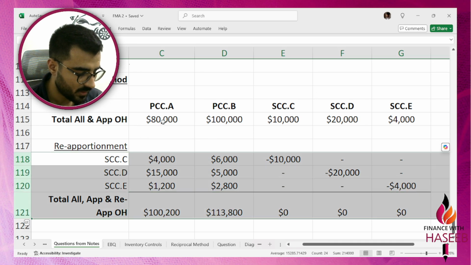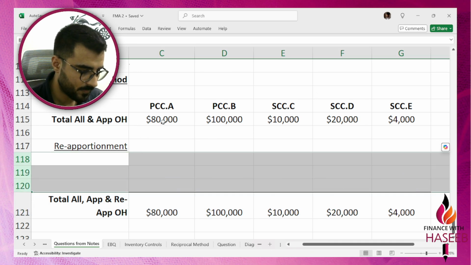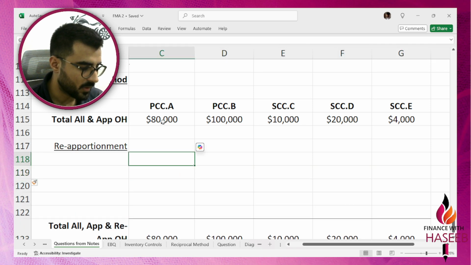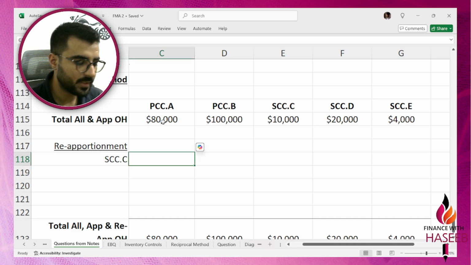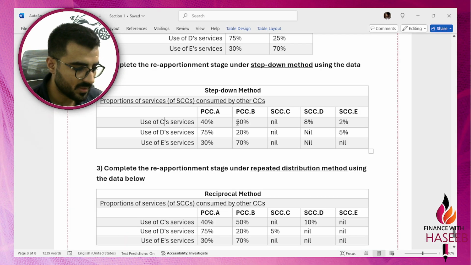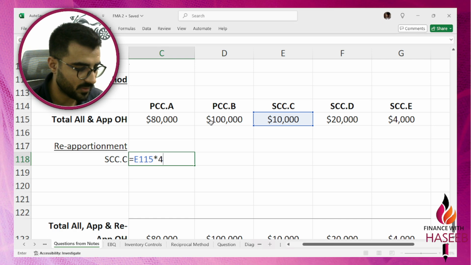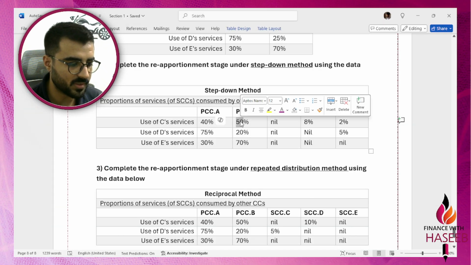So let's just erase all this. Service cost center C's overhead, we are sharing it now. So 10,000 overhead multiplied by how much is consumed by production cost center A, 40%. Similarly, 10,000 multiplied by how much is consumed by production cost center B, which is 50%.